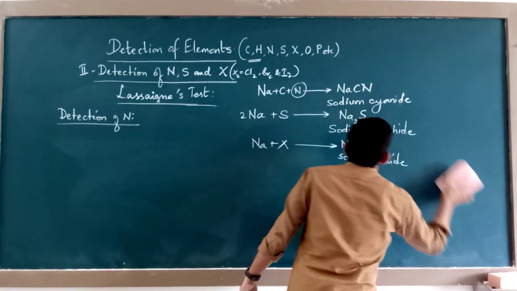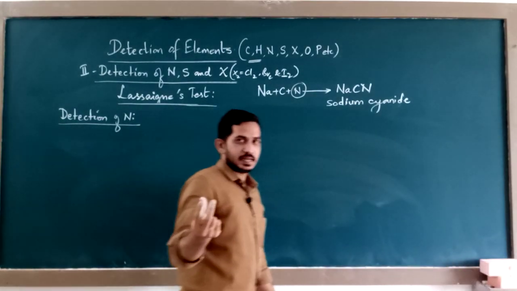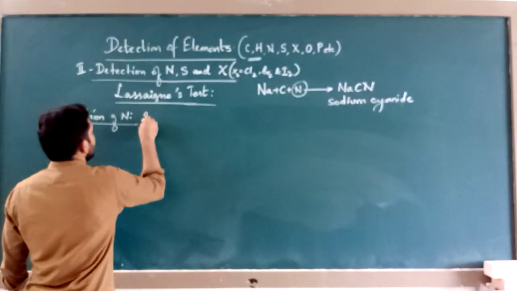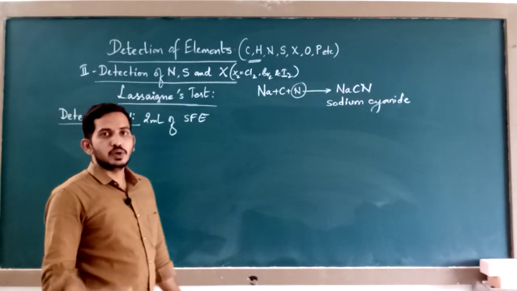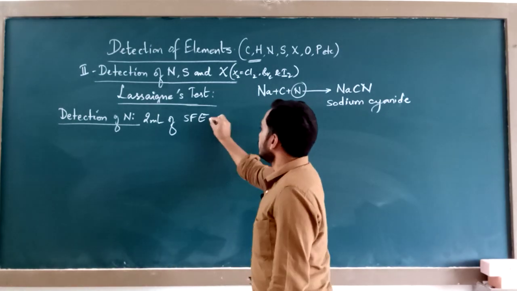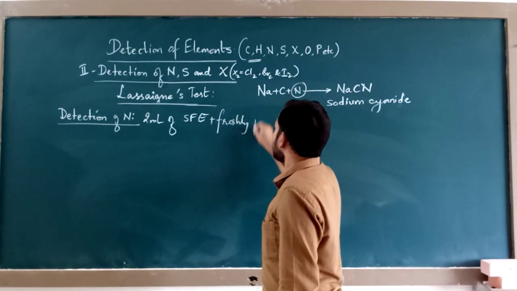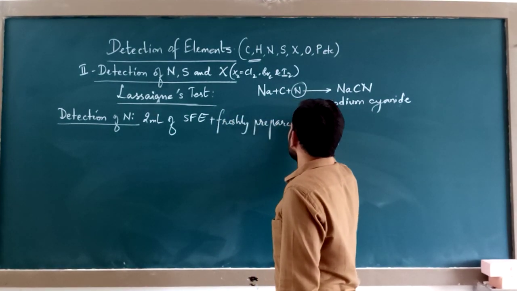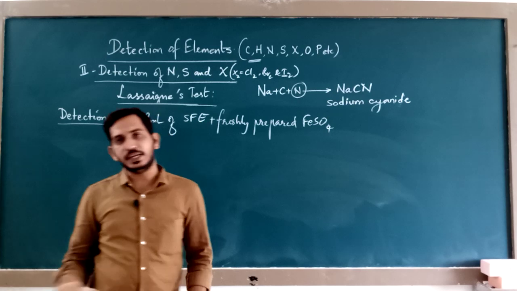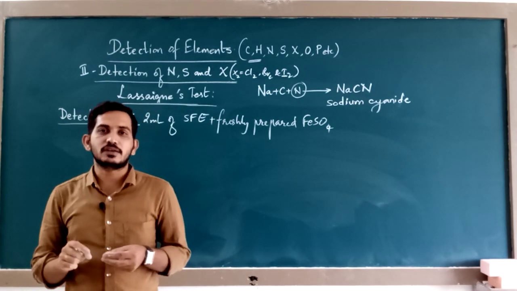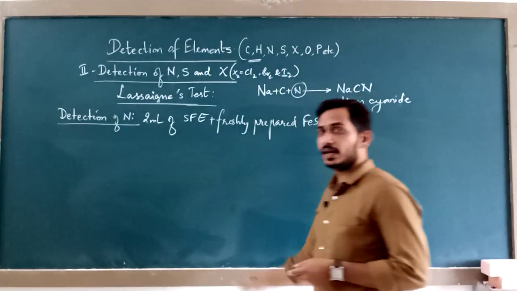To detect nitrogen's presence in the organic compound, you take that prepared Lassaigne's extract. From that you take about 2 ml of sodium fusion extract, then add freshly prepared ferrous sulfate solution to it. Once you add freshly prepared ferrous sulfate solution, you need to boil this mixture.